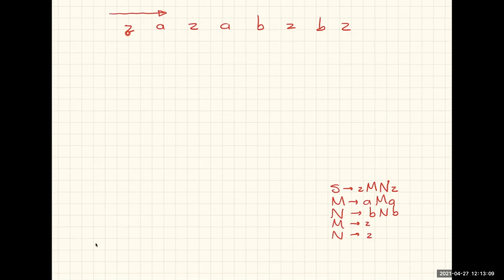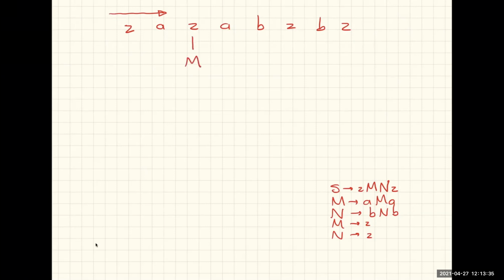Why? Because it will correspond to this Z below in the grammar, okay? So then we recognize an A, and we have an A here. So there is a hint that we need an M between the A's. How to get an M? Well, it's relatively easy. We can just change this Z into M, and then we will have an M.